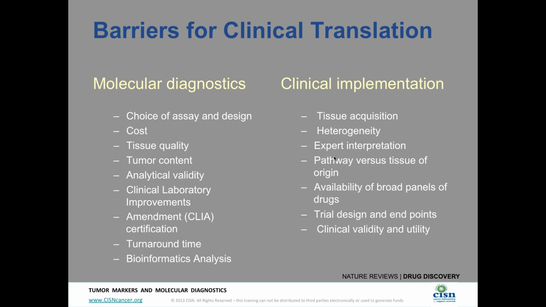But I think the real thing is the clinical implementation of it, and that it's clinically valid and it's useful information. That's what my "what does it mean" note means, because I think that's where the rubber hits the road.